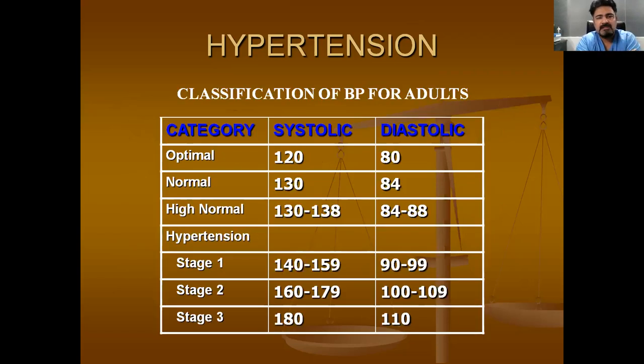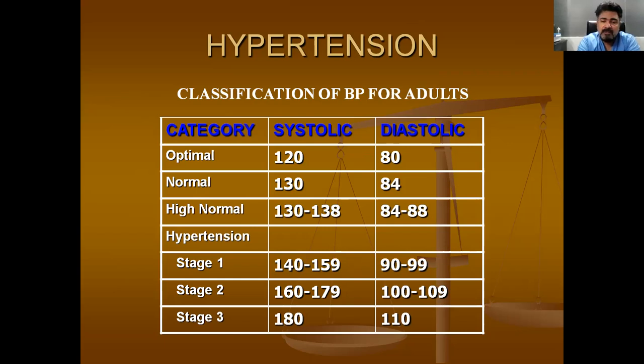Classification of blood pressure for adults, by category, systolic and diastolic. Optimal is 120 by 80. Normal is 130 to 84. High normal is 130 to 138 or 140, we can say, and this is the limit one.